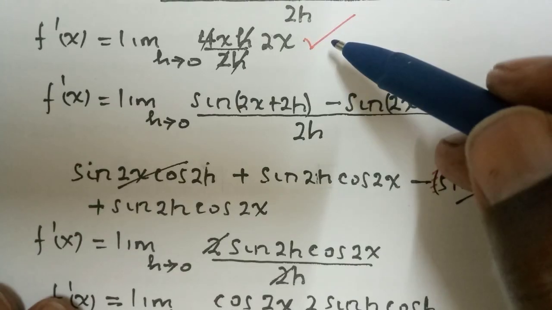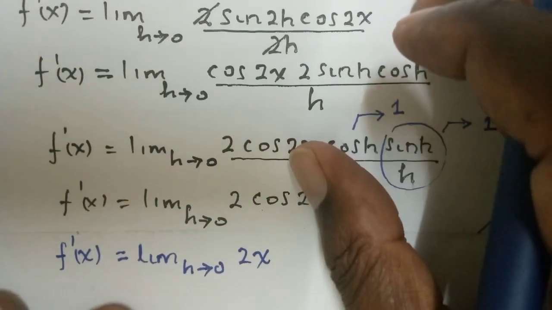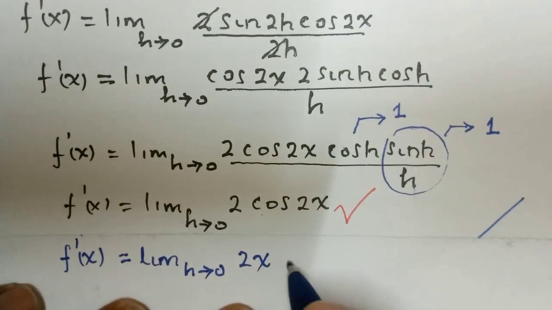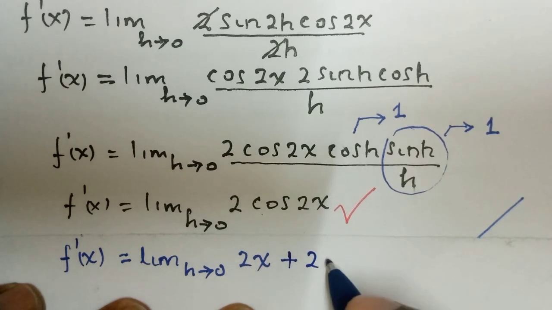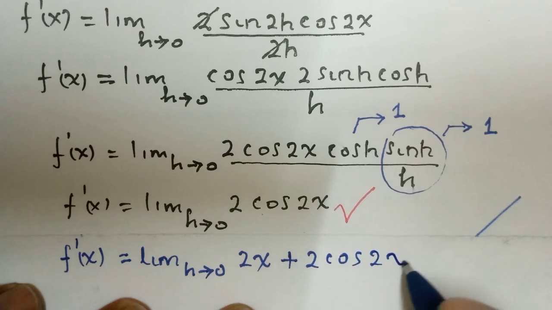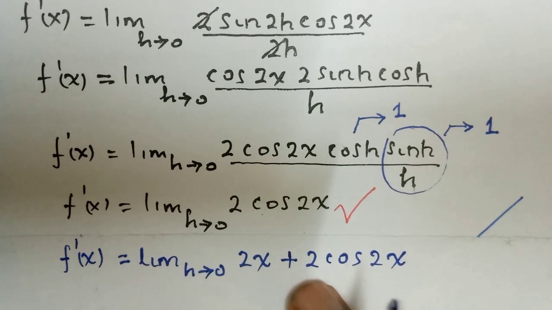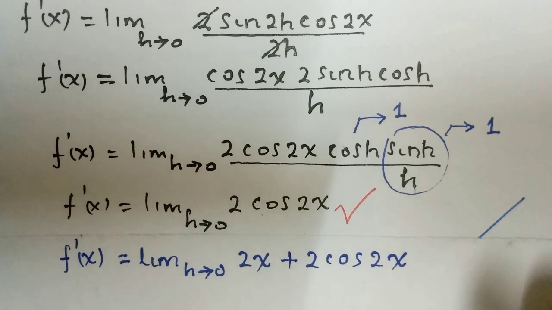This is our 2x, the first 2x. And then finally, we have now plus 2 cos 2x, like that. We can go further and maybe simplify, but it can remain like that, guys.